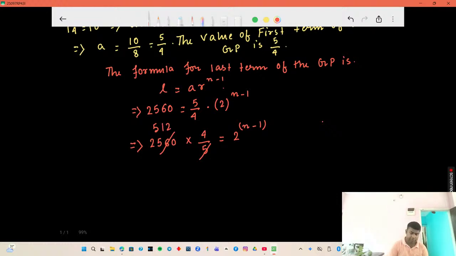Okay, so now what is the power of 512 with respect to 2? Can anyone tell me what is the power of 512 with respect to 2?